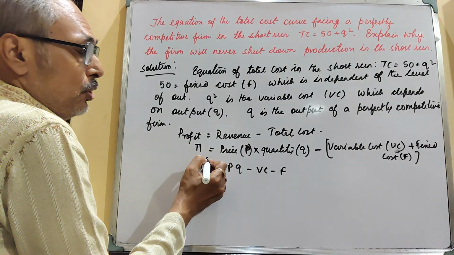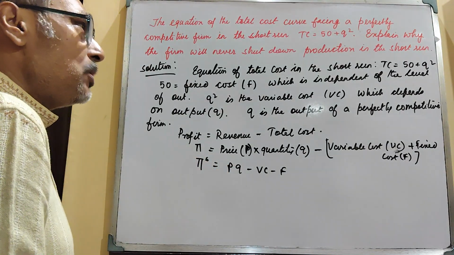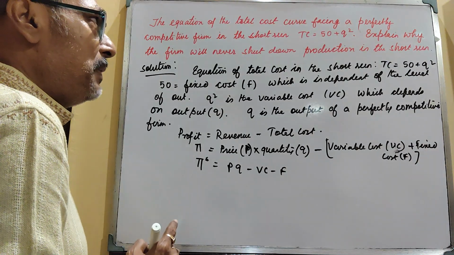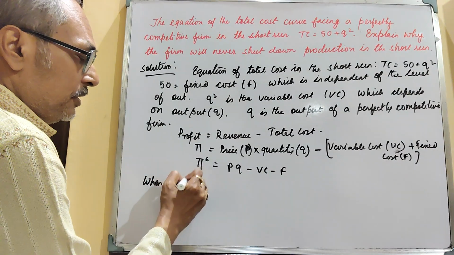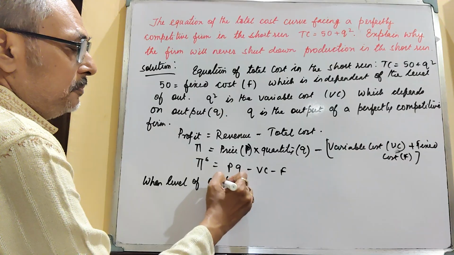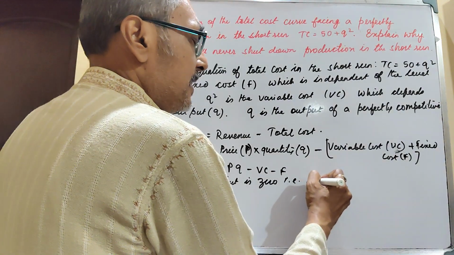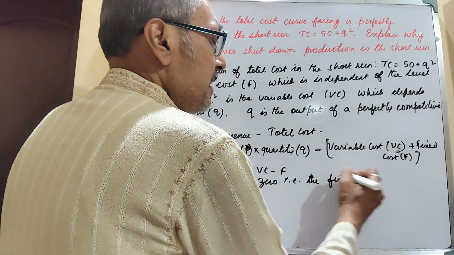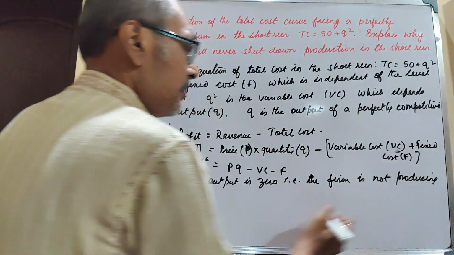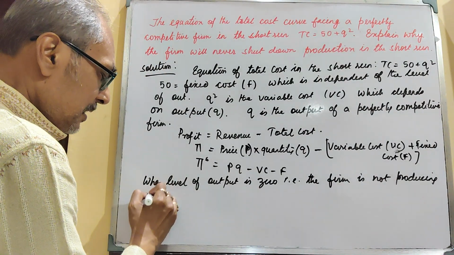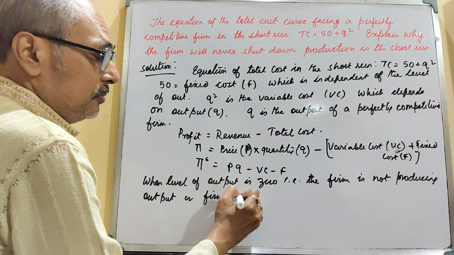S indicates the short run. Suppose this competitive firm does not produce anything. When the level of output is 0, the firm is not producing anything, or the firm shuts down.